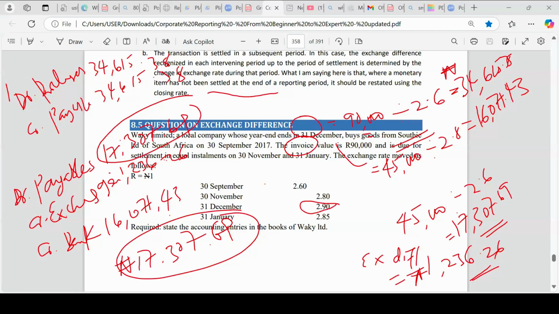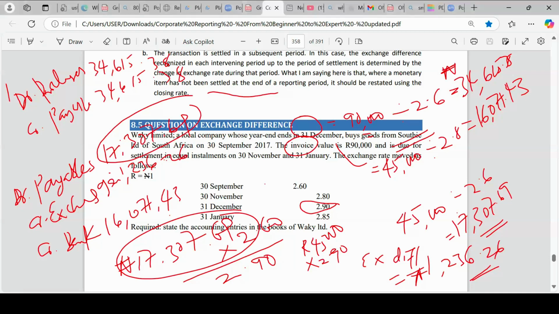I can either say this naira value, I'll multiply it by 2.60 and then divide by 2.90, or I can say what I have left is 45,000 rands, and then I can translate that at 2.9. That is what will go into my payables as of that day.